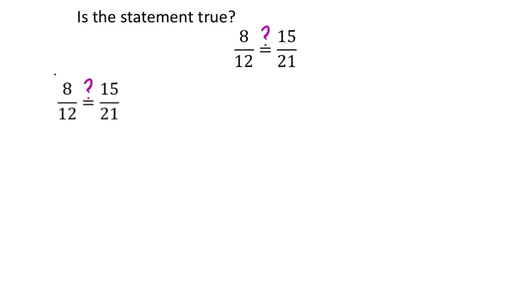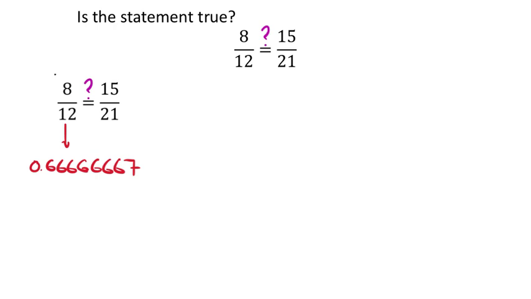So the first way is actually to change both of these into decimals. So I'm going to take this 8 over 12, and all I'm going to do is type into my calculator 8 divided by 12. Now when I do that in my calculator, I got this pretty ugly decimal. How many sixes do I got? A lot of them. Something like this, okay?